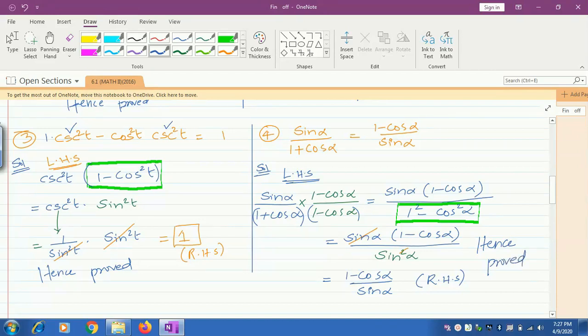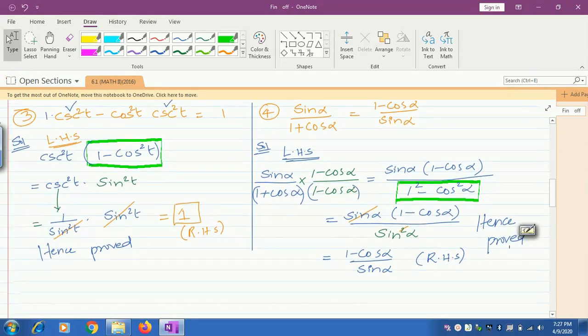Now the same question, if it is asked like this, it can be represented in this format. Show that, this is the same fourth question, only the RHS will be changed. It is sine alpha over 1 plus cosine alpha is equal to cosec alpha minus cotan alpha.